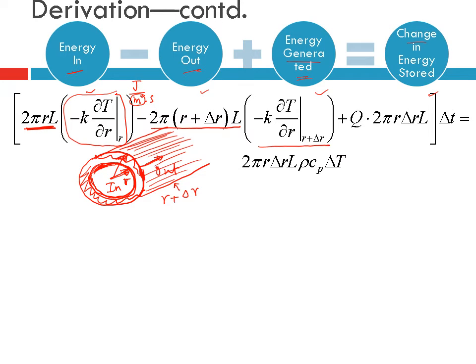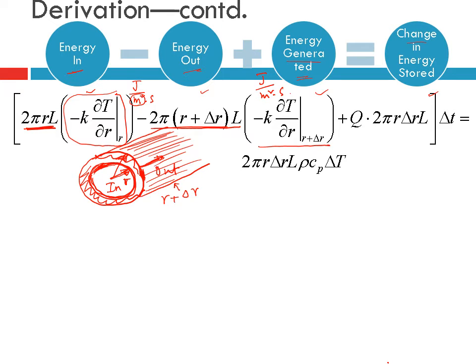So at this point, minus k del T del r is the flux. The unit of this is again joules per meter square per second, but evaluated at this point, times the area. So this gives me the rate at which energy is going out.